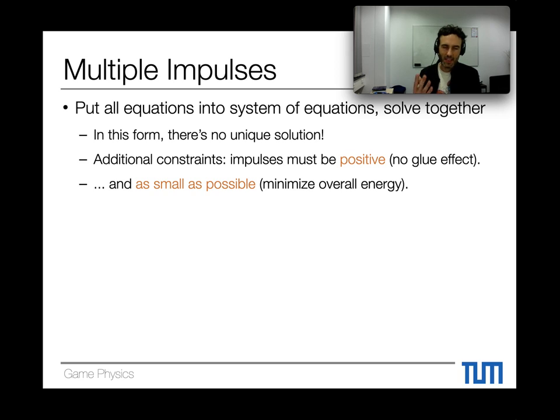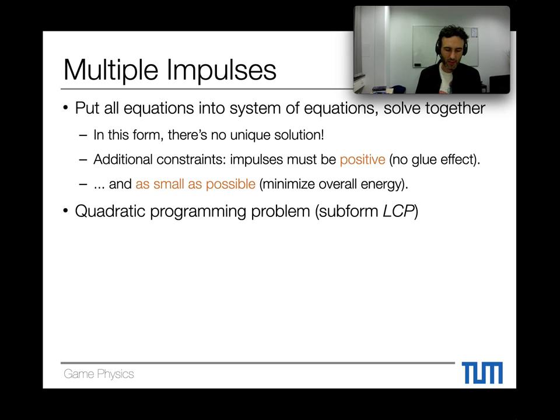And turns out in this case we actually need a so-called LCP solver, because this is a quadratic programming problem, as it's called. There is also its own kind of group of solvers to work on these problems.